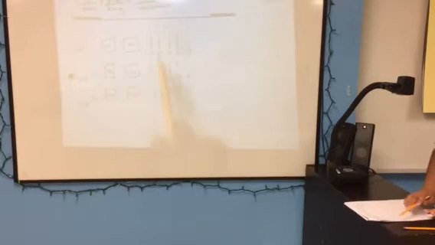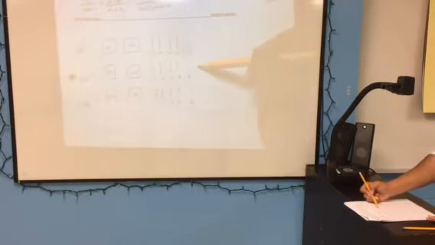Or if I do all of my hundreds at one time, those are my partial products. All of these are different ways that you can put together a partial product. Kids could even choose to do it using expanded notation style. So they could go underneath here and say 1, 2, 3, 4, 5, 6 hundreds plus 10, 20, 30, 40, 50, 60, 70, 80, 90, 100, 110, 120 plus 6, 12, 18, right?